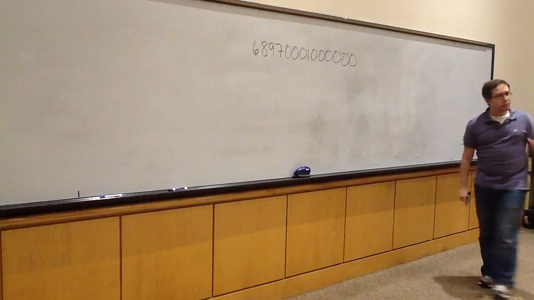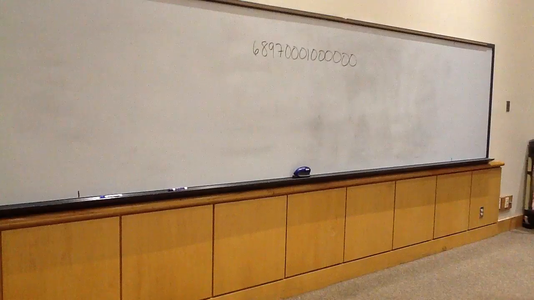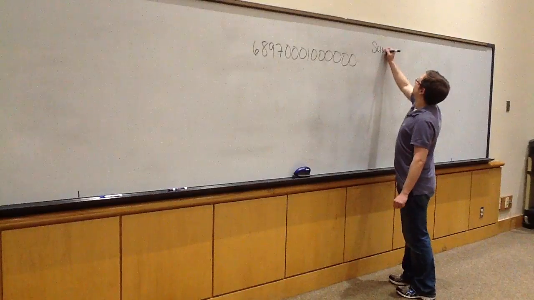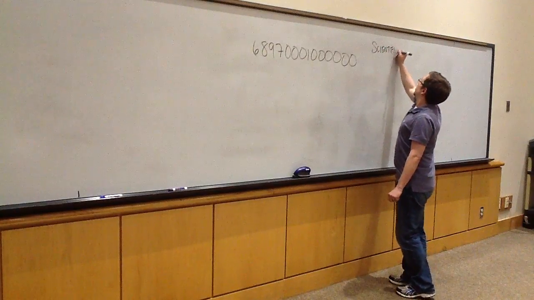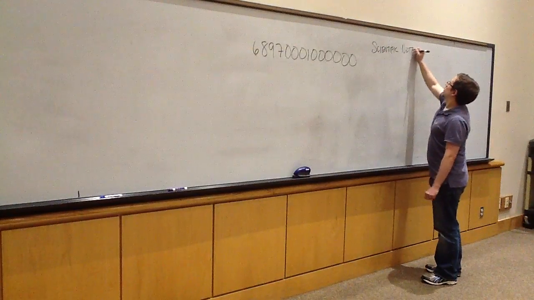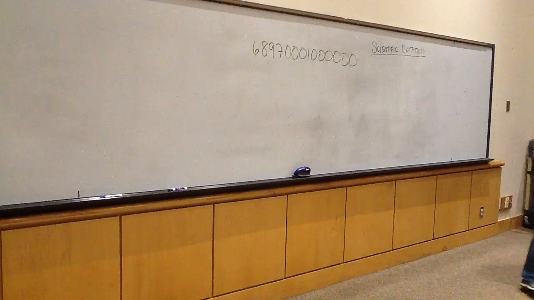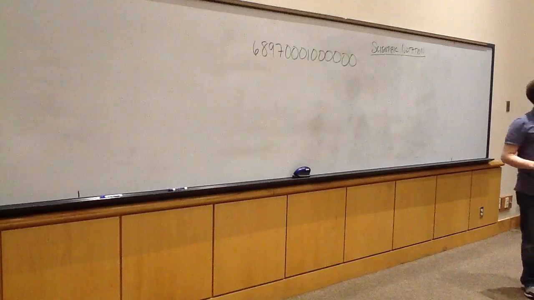So what scientific notation allows us to do is it allows us an easier way of writing in shorthand without compromising the integrity of the number. Okay? So when we talk about scientific notation, we're talking about rewriting this number while not losing its integrity.